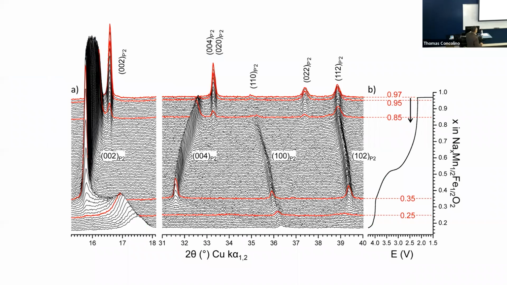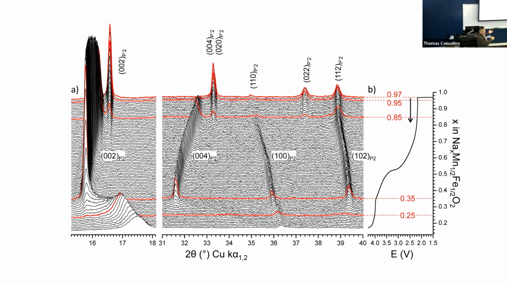This is a paper published a few years after the Japanese paper. Claude Delmas and his group showed this in situ XRD. You can see the structure change of this material, and this side is the voltage curve. When you charge the battery, the voltage increases from 1.5 to 4.2 V. And meanwhile, you check the XRD.